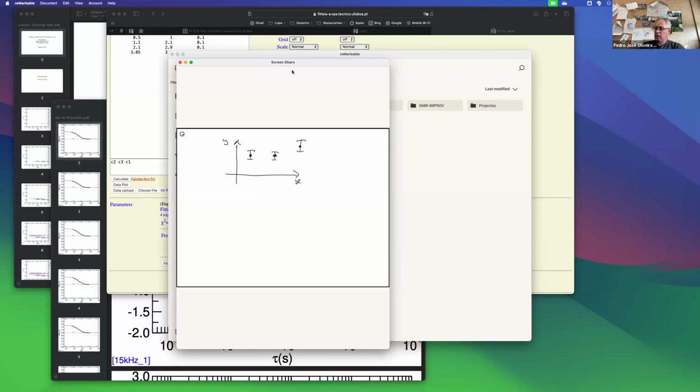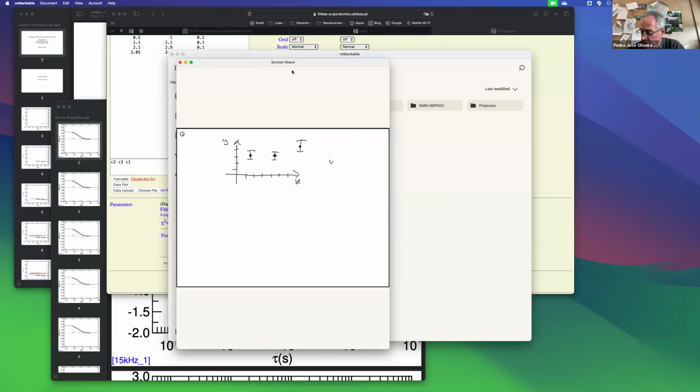Might be the same for all of them or different, and obviously there is a scale for the x-axis and the scale for the y-axis. And the question is, if I have a function, what is the meaning of fitting the function to the experimental points?